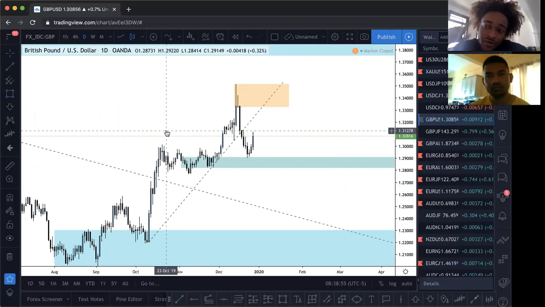Because one, you have to take into consideration all the time frames. I said monthly demand in control, weekly demand, and the trend is up. So you have that information.